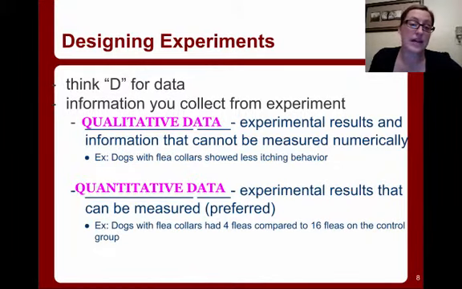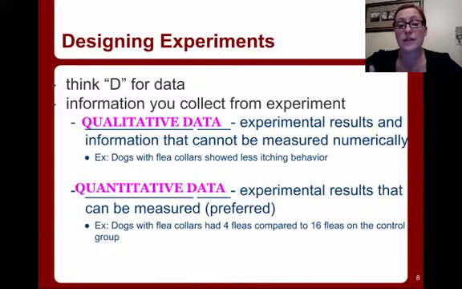When you collect the data from the experiment, you have lots of different options. So your dependent variable, you could have one, you could have several. So what type of information do we want to collect from an experiment? Well, in this one, we could collect qualitative data or quantitative data. And when you look at the word qualitative, you should see the word quality in there.